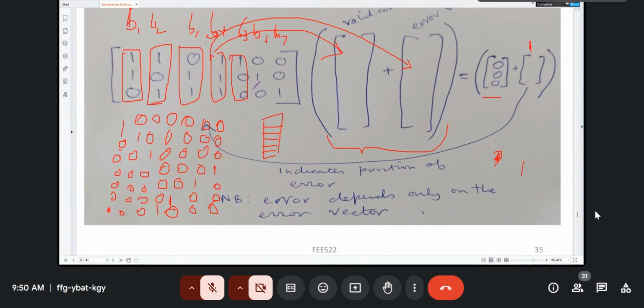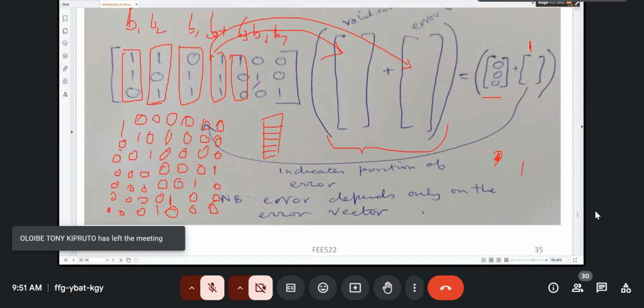Anybody can assist? I think it's the number of ones in a code word. Not exactly, you have answered something else. I think it is the number of positions in which they differ. Yes, it is the number of positions in which they differ.